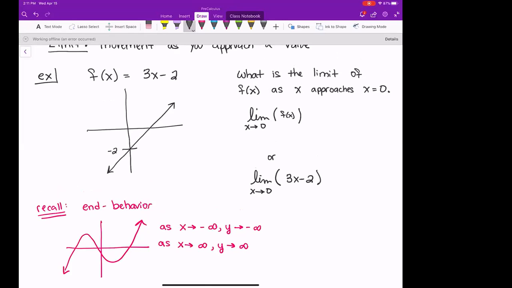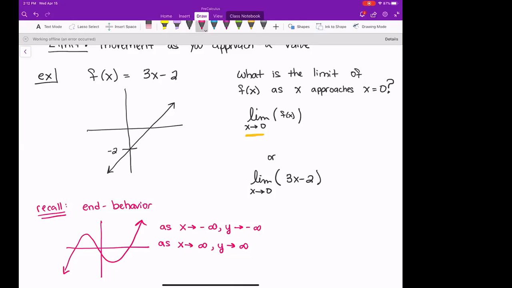So as x is approaching 0 right here, what is the value of the function approaching? What this question is really asking, and I should probably have a question mark on here, is: what is the limit?